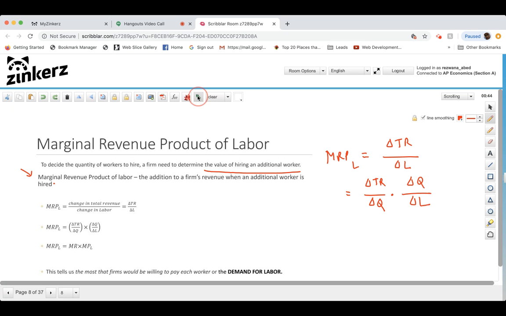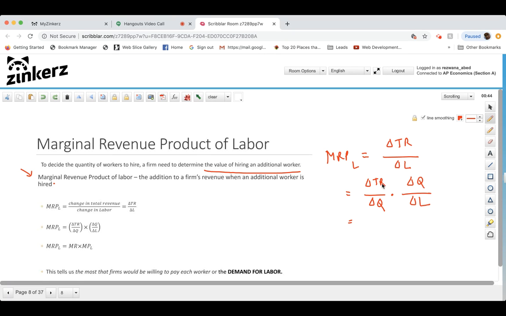So what is the change in total revenue when I increase my output by one more? What do we call this thing? The marginal product? Remember, marginal product has output as the answer.